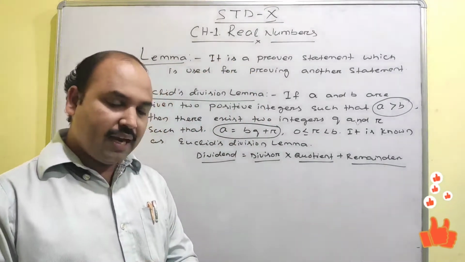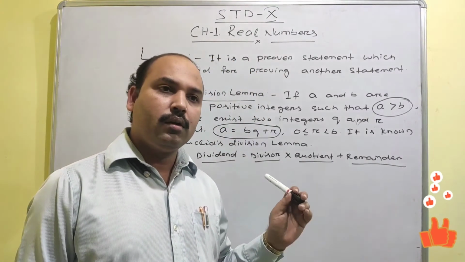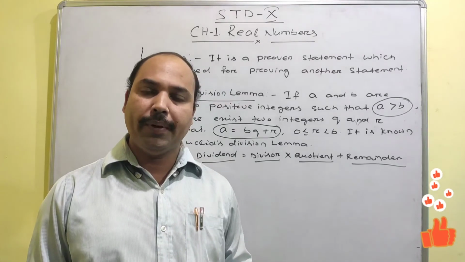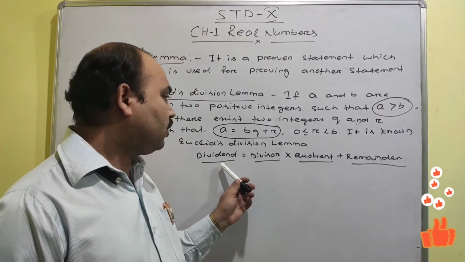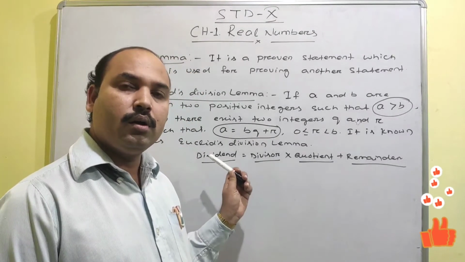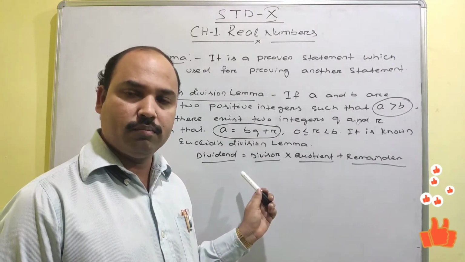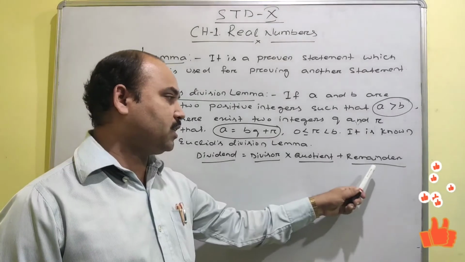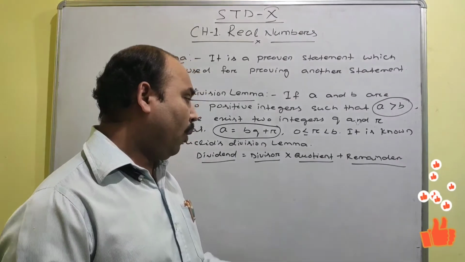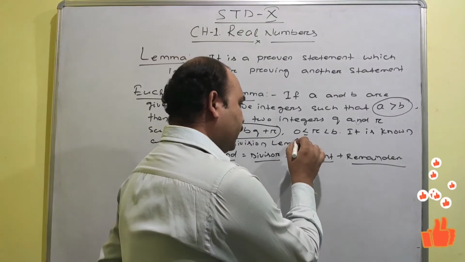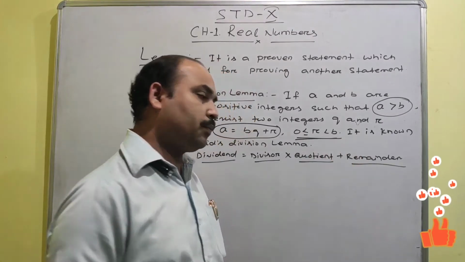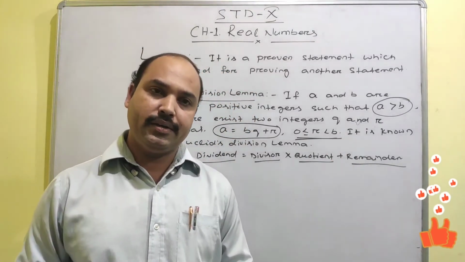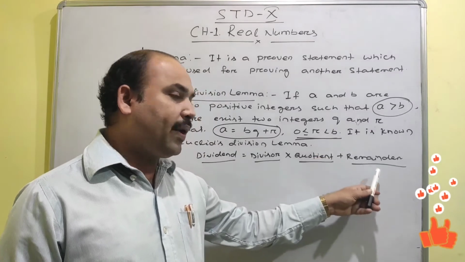Got it? That thing we already read in our previous classes, and it is also known as the division algorithm. The dividend equals divisor into quotient plus remainder, and here 0 is smaller than or equal to r, smaller than b. What do you mean by it? It means r is the remainder.